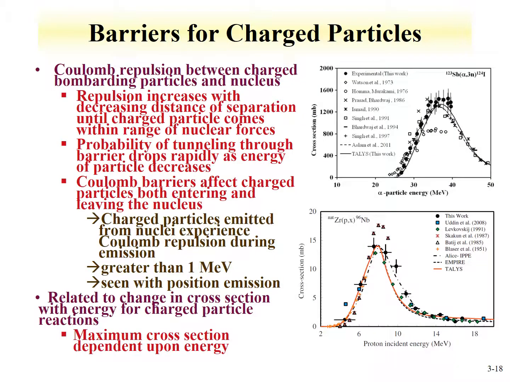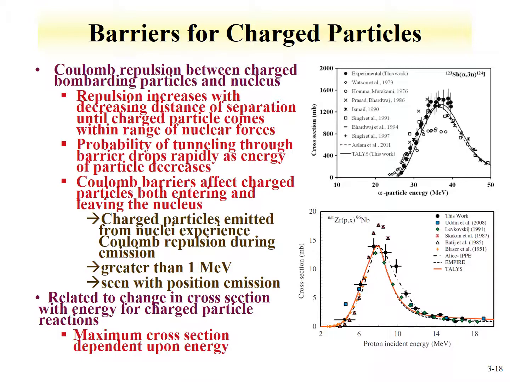One final detail that we'll discuss about reactions and cross-sections before we leave this lecture is the influence of the charged particles on the barriers themselves. As we mentioned with the threshold reactions, we also need to include information about the Coulomb barrier to understand the minimum reaction energy that's necessary for a reaction to occur.